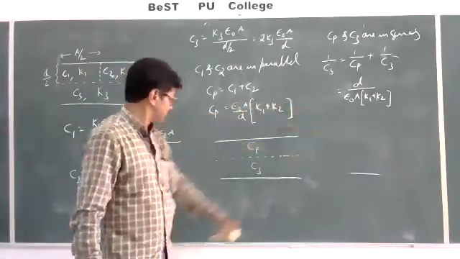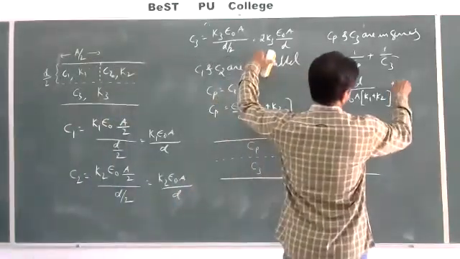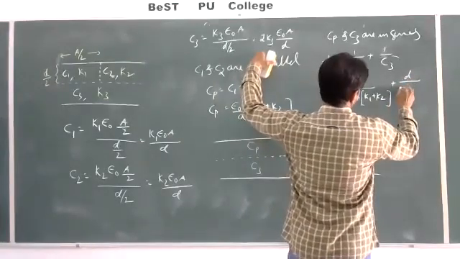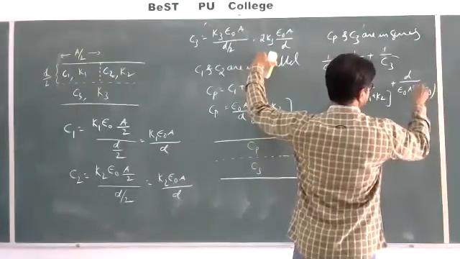That is 1 by Cp. The C3 value is D by epsilon naught A 2K3.